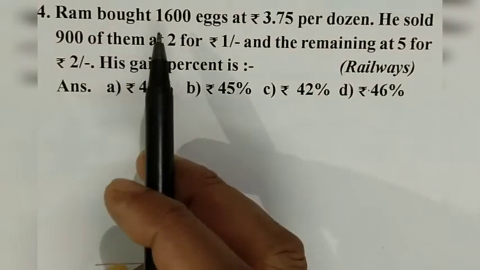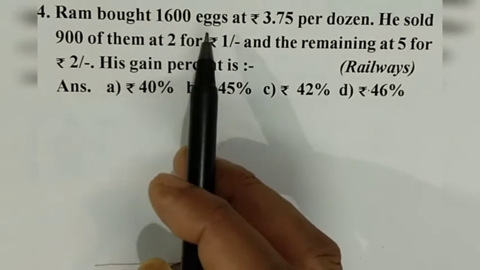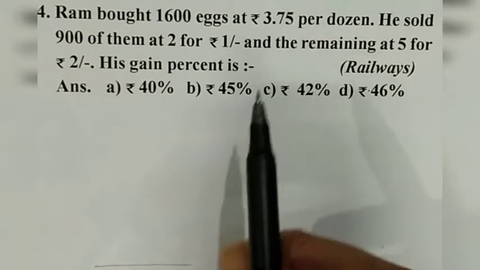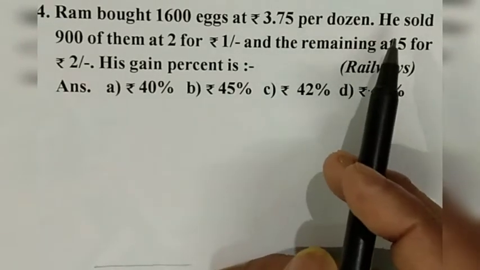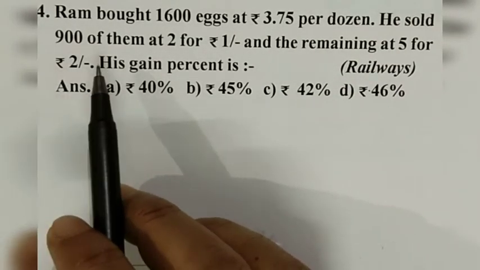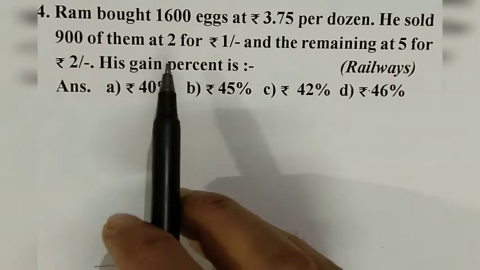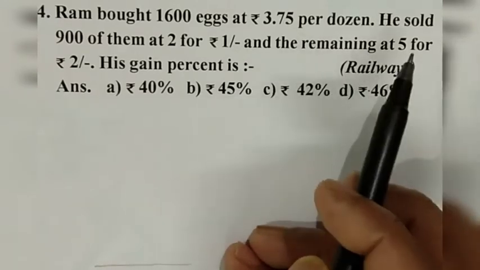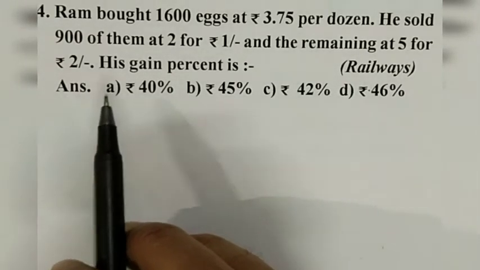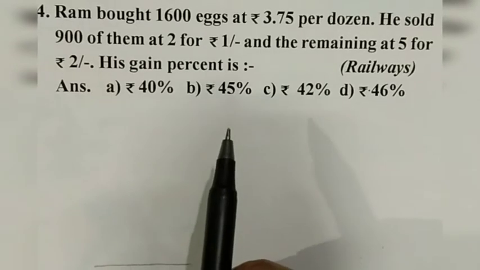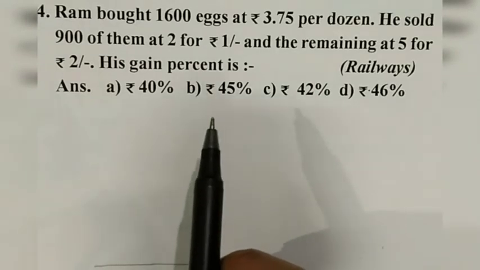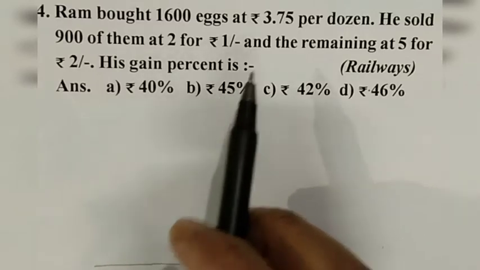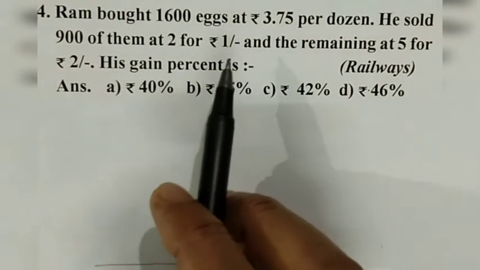Ram bought 1600 eggs at rupees 3.75 per dozen. He sold 900 of them at 2 for rupees 1 and the remaining at 5 for rupees 2. His gain percent is? Here at first we find out cost price of 1600 eggs.